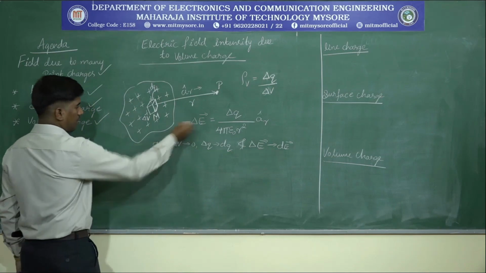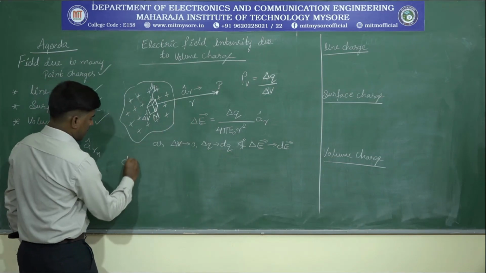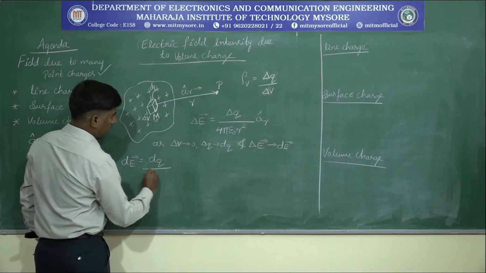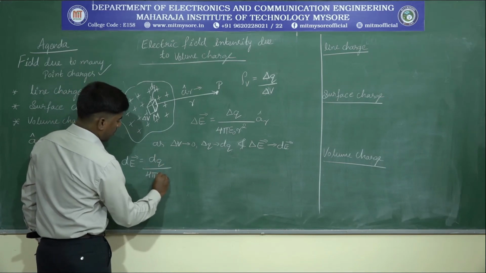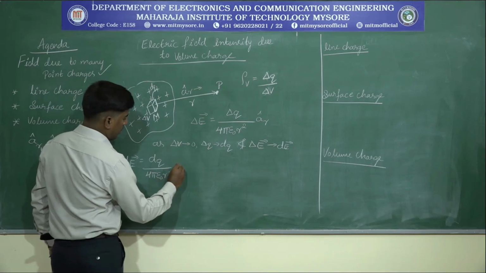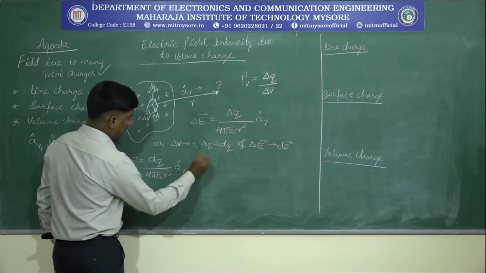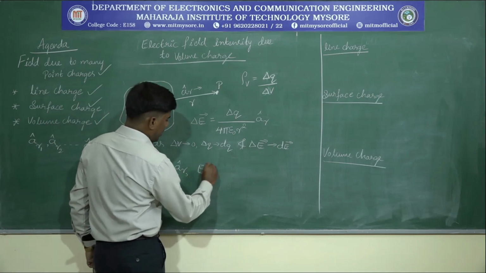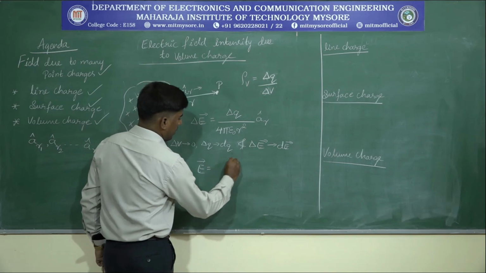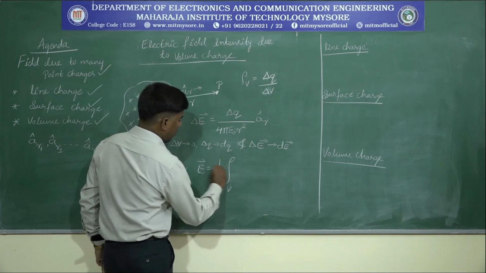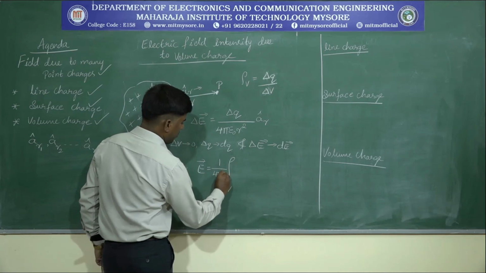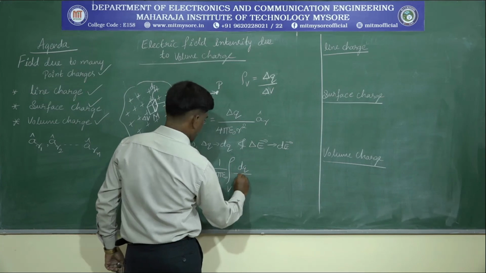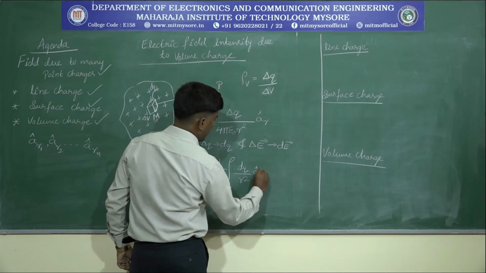Substituting into the above equation, dE is equal to dq divided by 4 pi epsilon naught into r square into a cap r. Then the overall electric field intensity E is given by the volume integral of 1 by 4 pi epsilon naught into dq divided by r square into a cap r.